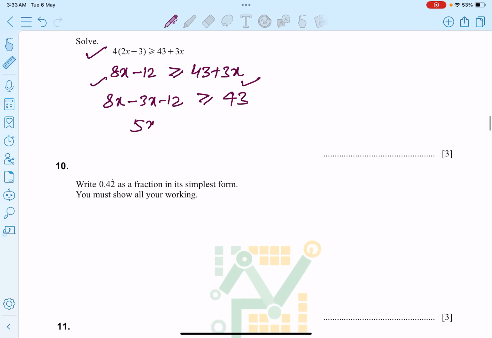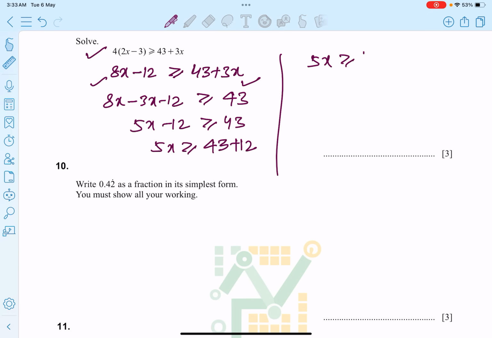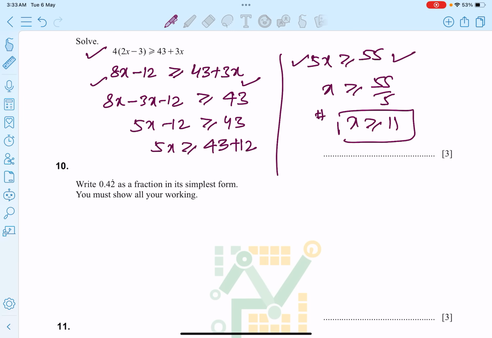So I got 5x minus 12 greater than or equal to 43. To remove this minus 12, I will add plus 12 on both sides. So I'll get 5x greater than or equal to 43 plus 12. Got it? So I got 5x greater than or equal to 55. Now you can divide by 5 on both sides. So I can say 55 over 5. So we get the answer, x is greater than or equal to 11. That is the answer for this question, everyone.